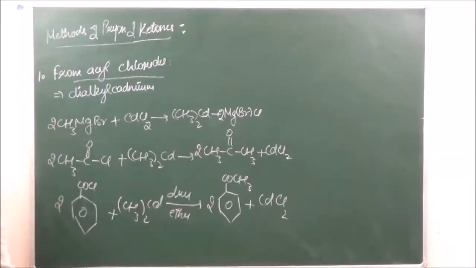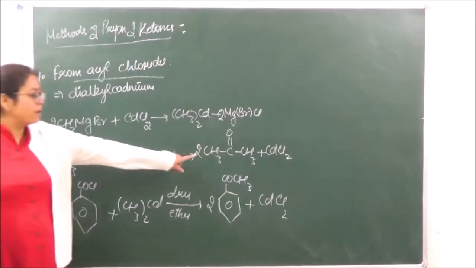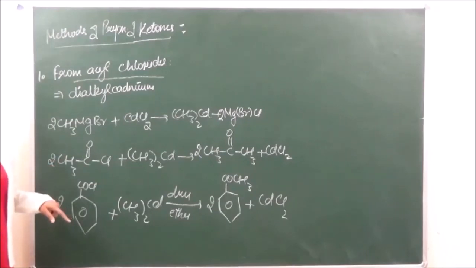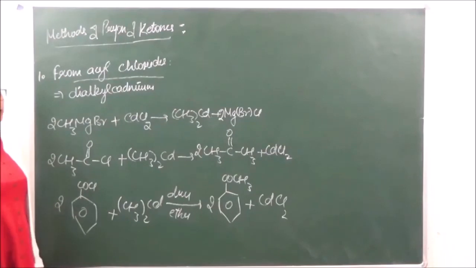The reason behind that is that the ketone which is going to be formed over here, that has a tendency to react with Grignard reagent, and as a result of which we are going to get the secondary alcohol.